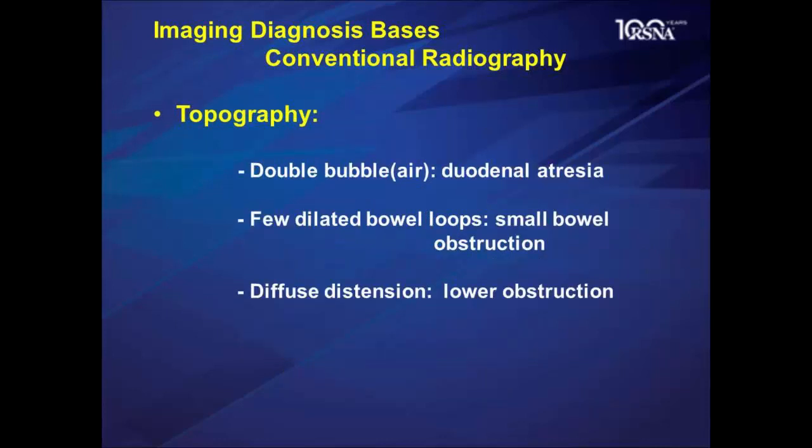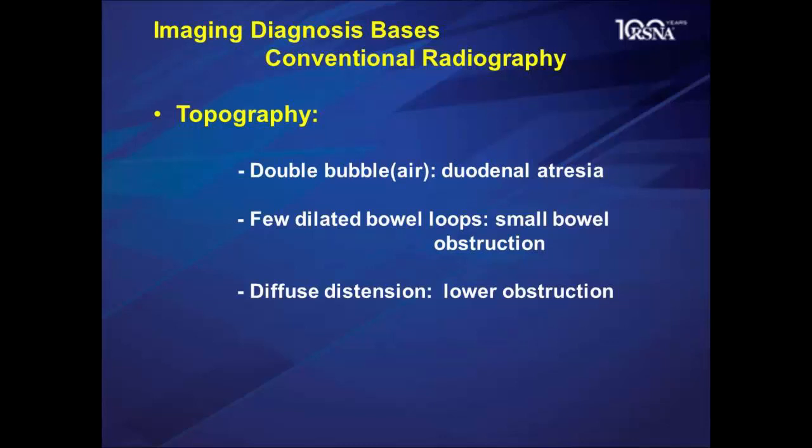Now, where is the level of obstruction? So, a few classic features. When we see a double bubble with air on the radiographs postnatally, we think of duodenal atresia. This is the analogy to the double bubble on prenatal ultrasound, where you have fluid in the stomach and the duodenum.